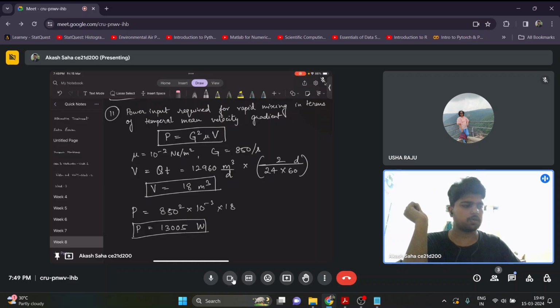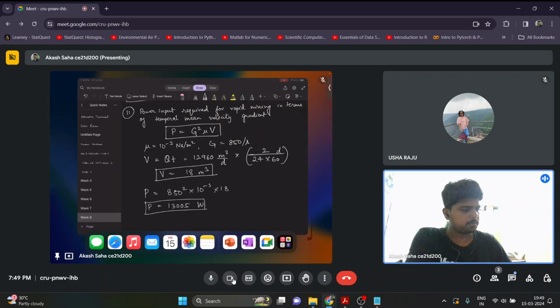So this will be my power in terms of the temporal mean velocity gradient. I hope it is clear. We move to the next problem.